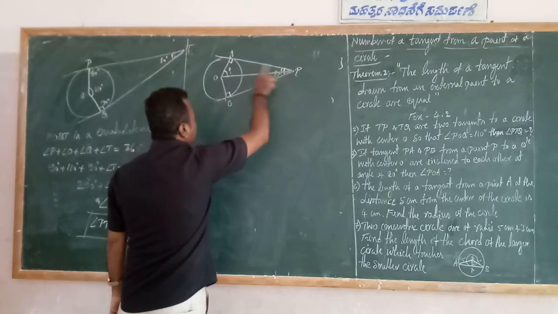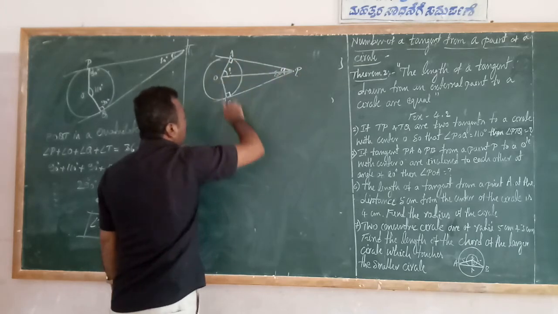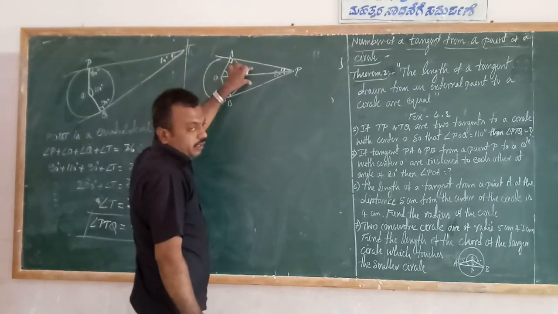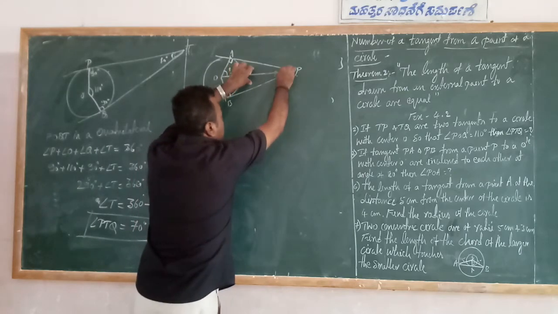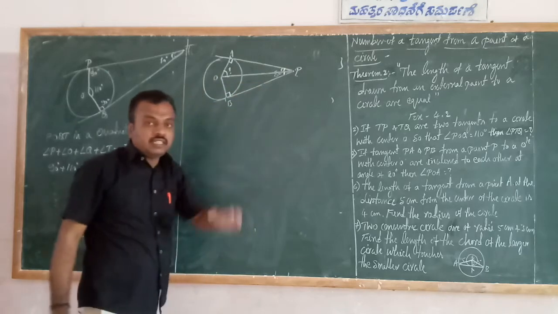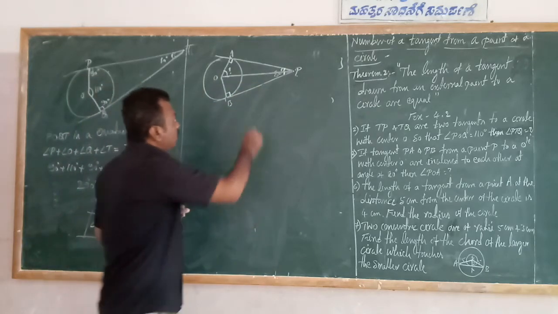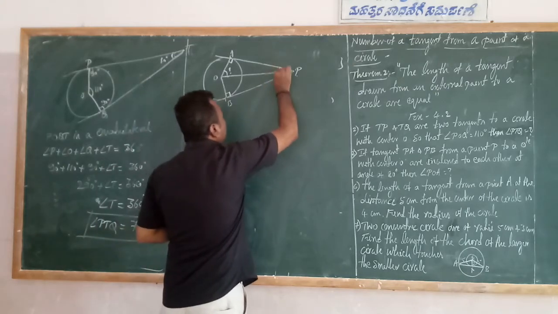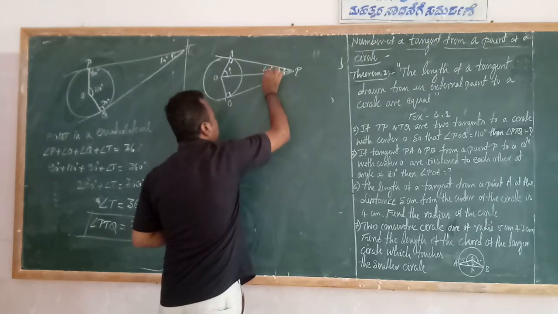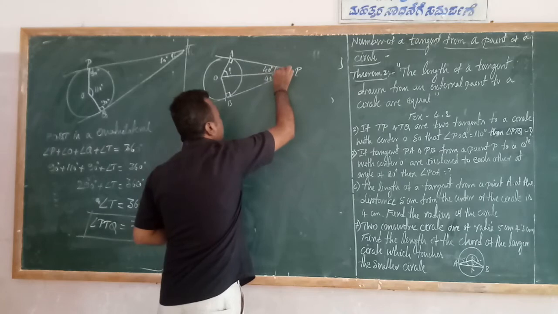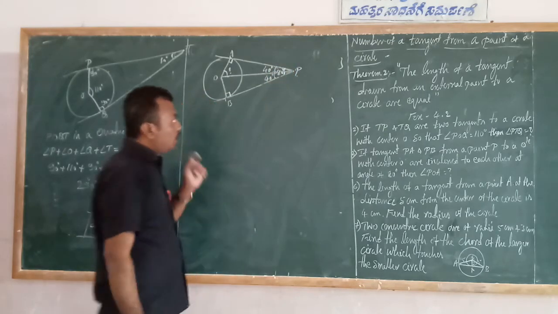So the two triangles OAP and OBP are congruent, and OP bisects angle APB. So each angle measures 40 degrees. This is 40 degrees, and this is also 40 degrees. So the total is 80 degrees.